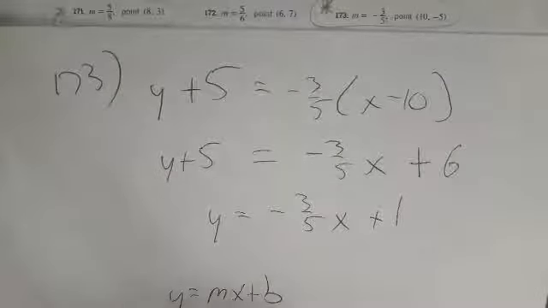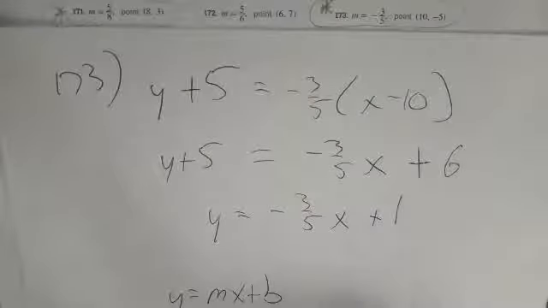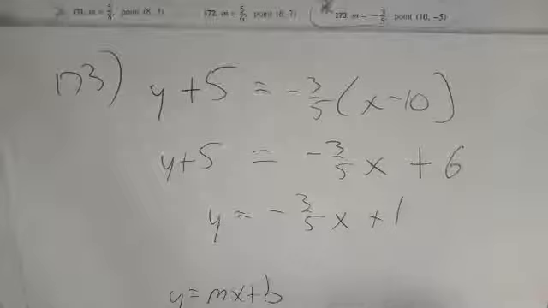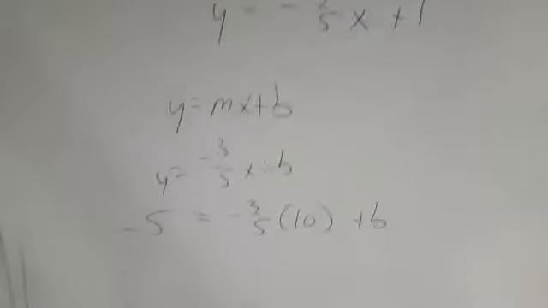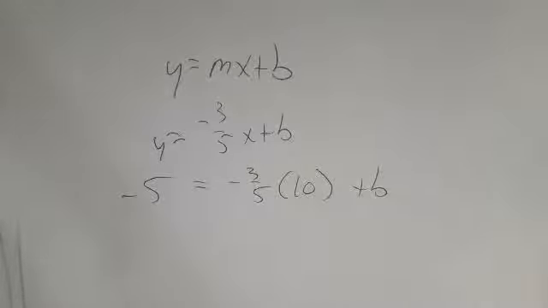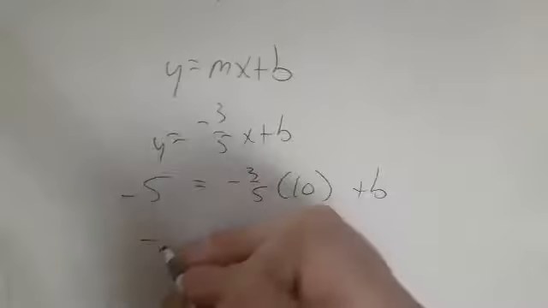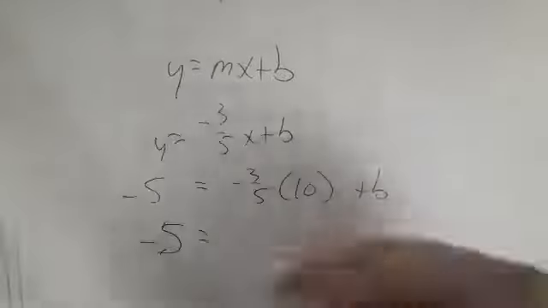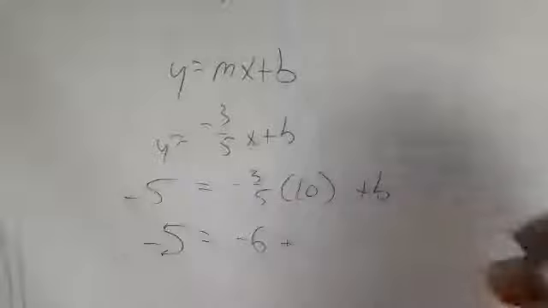So they'll plug in this and try to figure out what b is. -3/5 times 10 is -6, plus b.